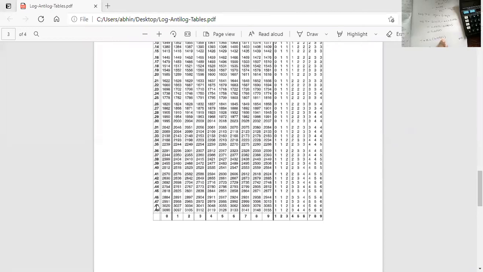Then add the sixth mean difference, that is 4. 2938 plus 4, we get 2942, and the characteristic is 2.